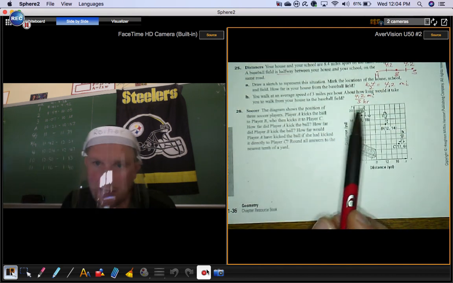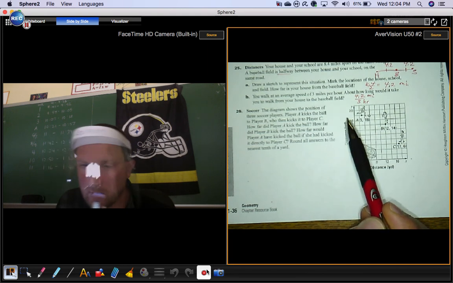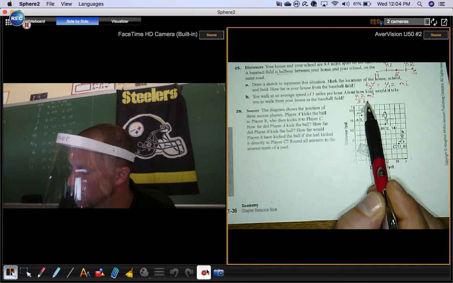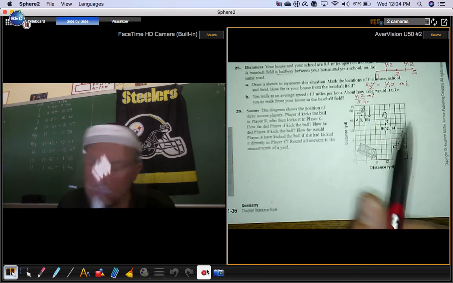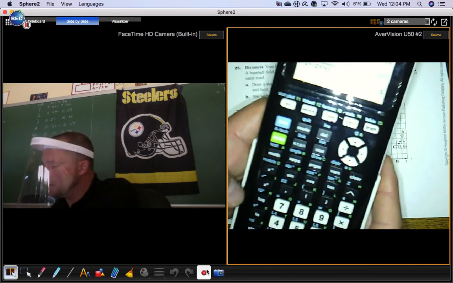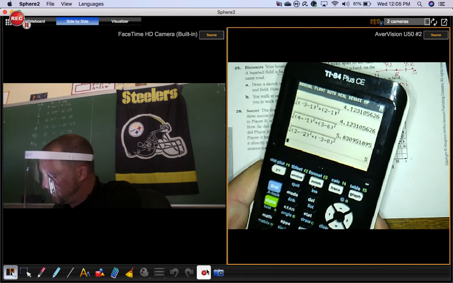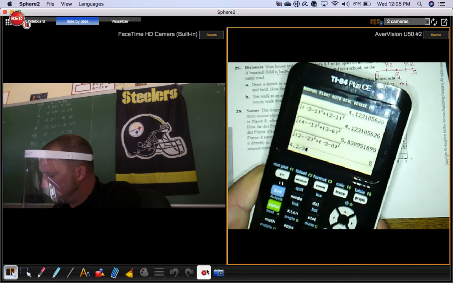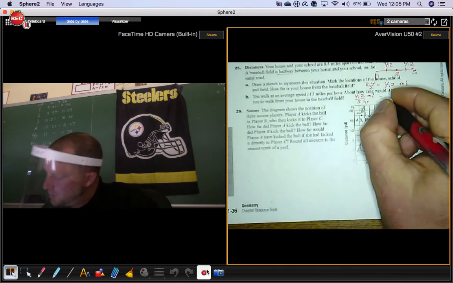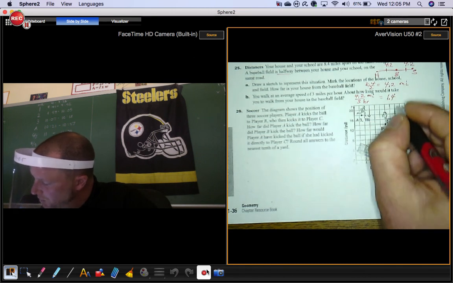Now if you read it like this, 4.2 miles divided by 3 hours, notice how that gives us a unit when we divide of miles per hour. So what is 4.2 divided by 3? 1.4.